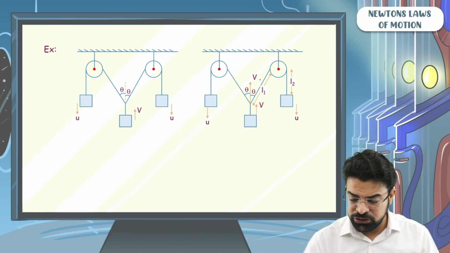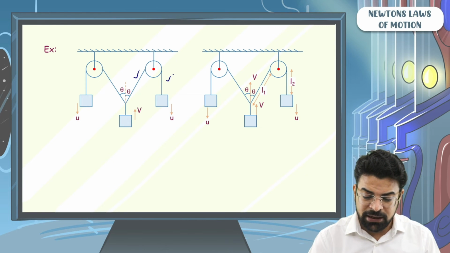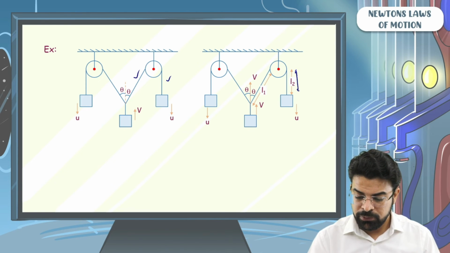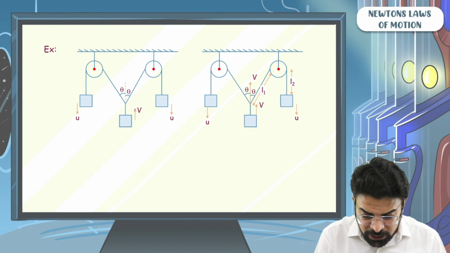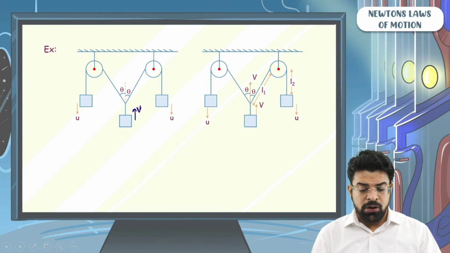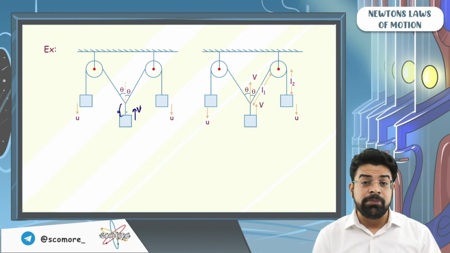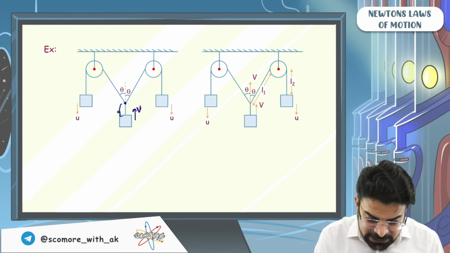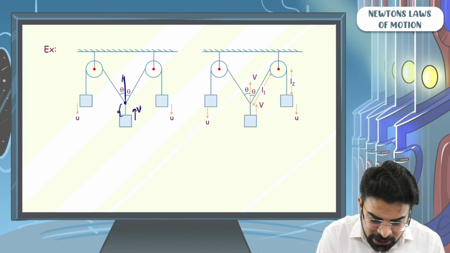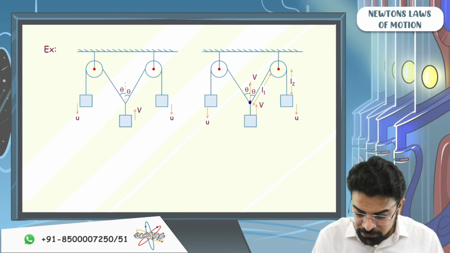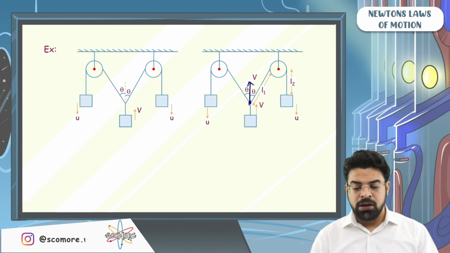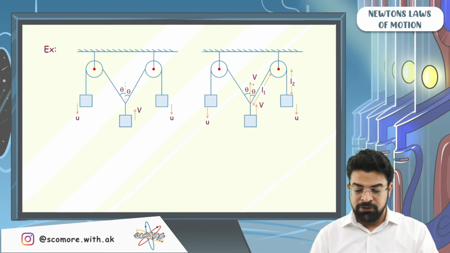Assuming this length to be L1 and this length to be L2, we can apply the string constraint. As this block has velocity upward v, for this small string to remain tight, this tip should also have a vertically upward velocity v. Now what is length L1?